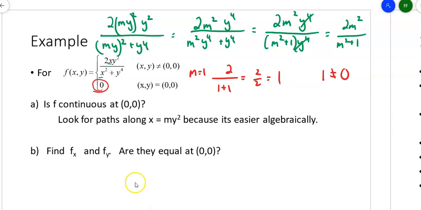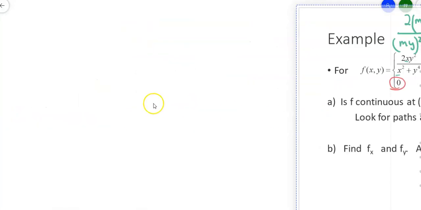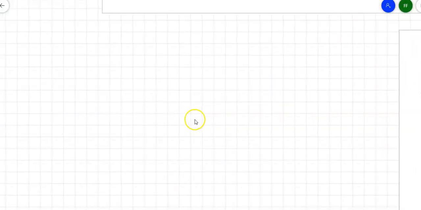Next question is find the partial derivative with respect to x, partial derivative with respect to y. So let's take the original function, and I'll slide over here and look at it. I got a 2xy squared over x squared plus y to the 4th. And I want to take the partial derivative of f with respect to x.